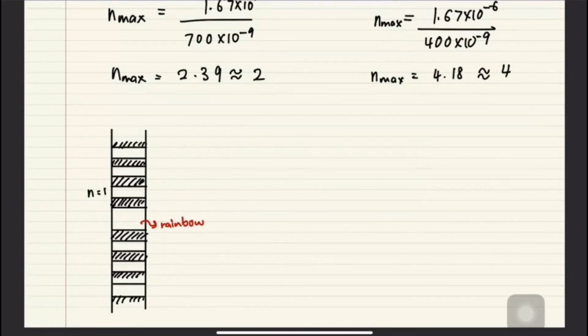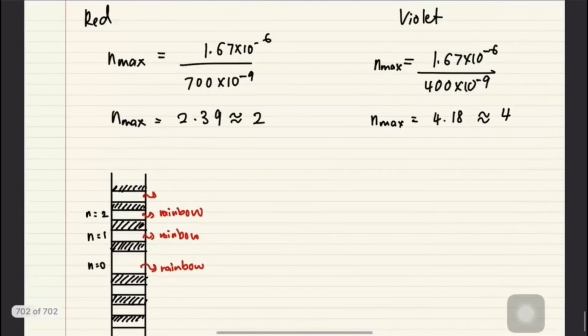The middle one is the center bright fringe, n equals 0, then n equals 2. You asked whether n equals 0 exists at the center, but it does not enter the formula. In the first order you can see a complete rainbow. In the second you still see the whole spectrum. But in the third, red is missing, so it is no longer a complete one.